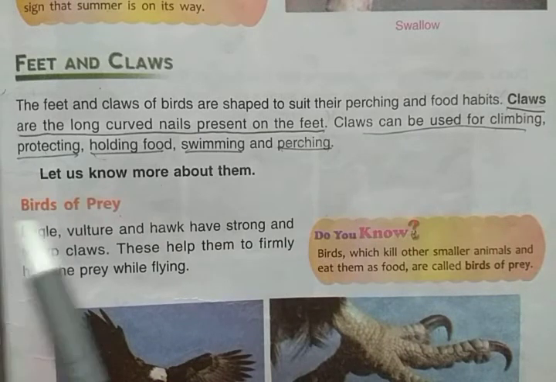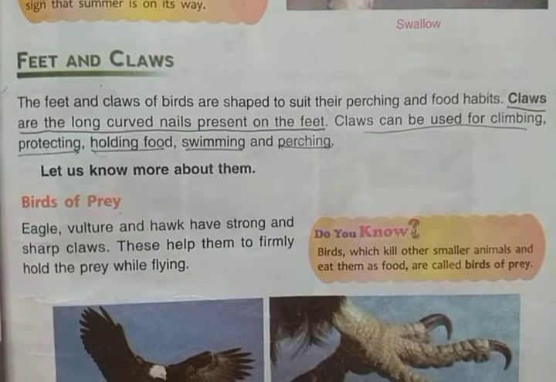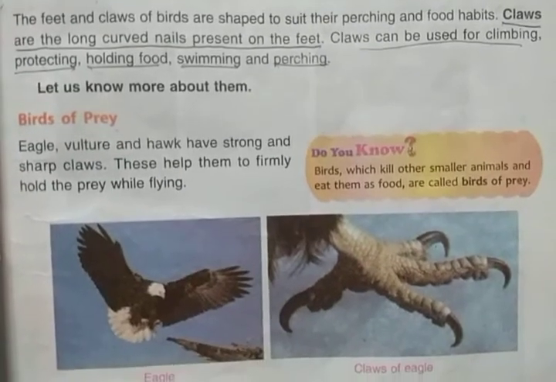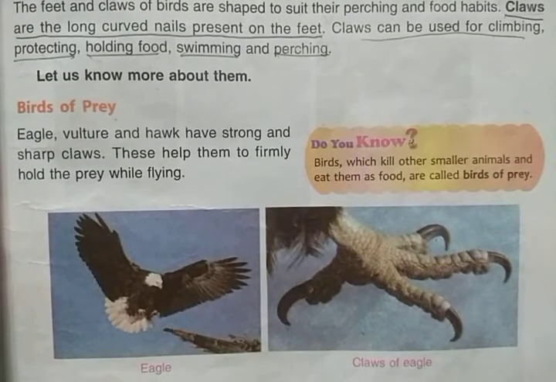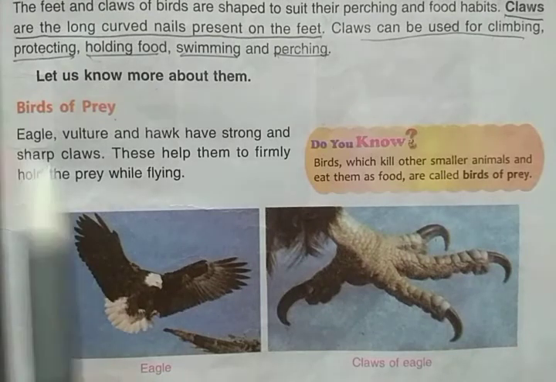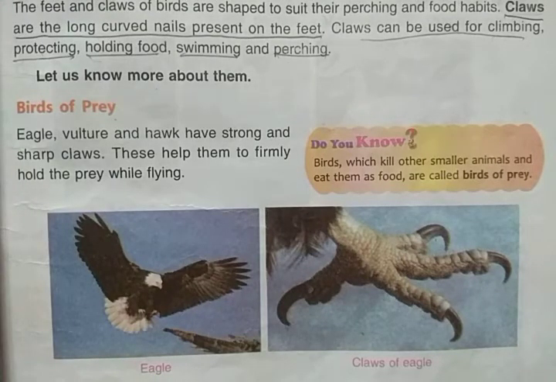Now we will discuss the different types of feet and claws of different birds. Now birds of prey. Prey तो आपको पता ही है, शिकार करने वाले, and the examples are eagles and hawks. You can see here that they have strong and sharp claws.